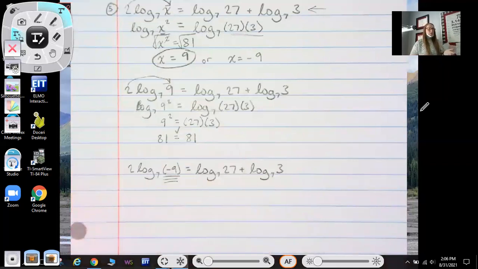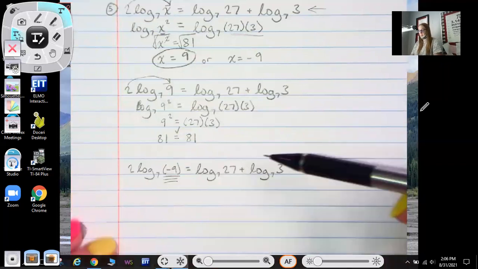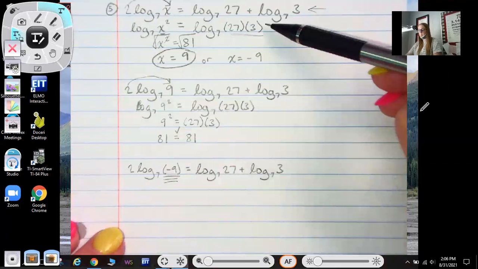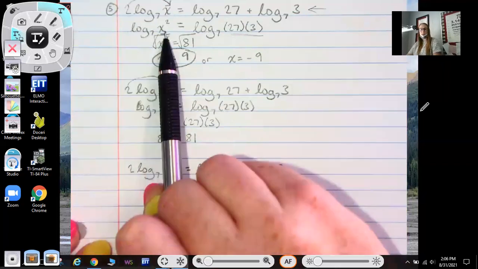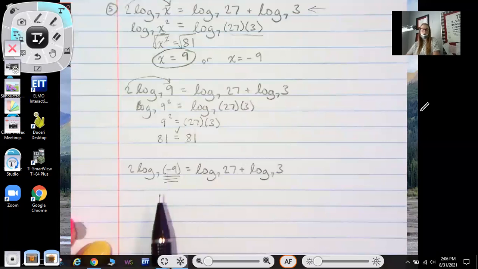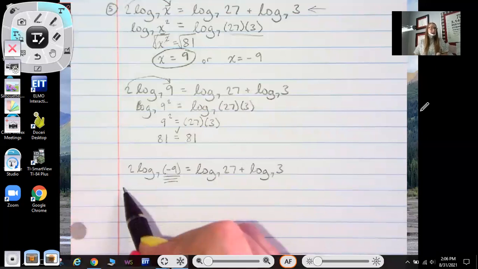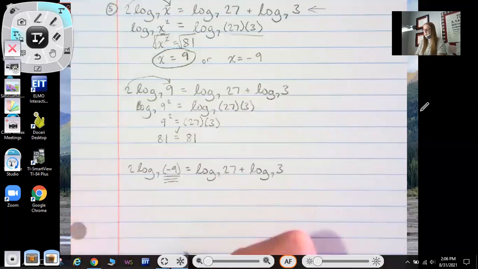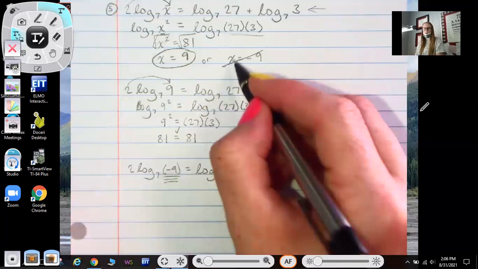This is why it's important to go back to the very first line of the problem, because if we were to go to the second line where we've already moved the 2 as an exponent, this might not be a problem because negative 9 squared will give us a positive 81. But because we have to use a property in order to force that to happen, negative 9 is not going to be a solution for us.